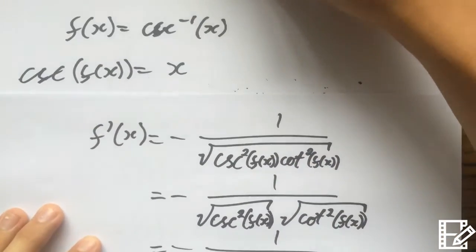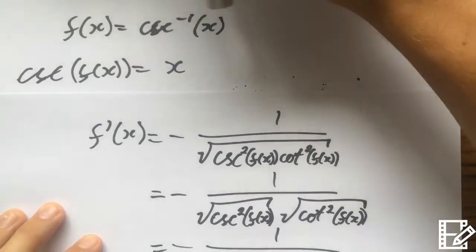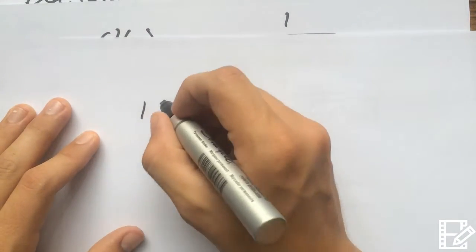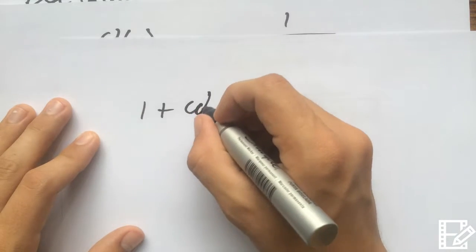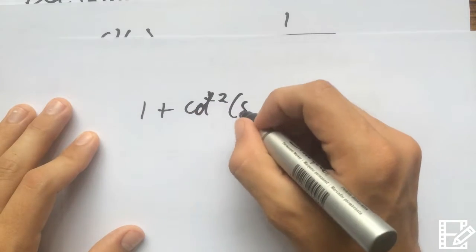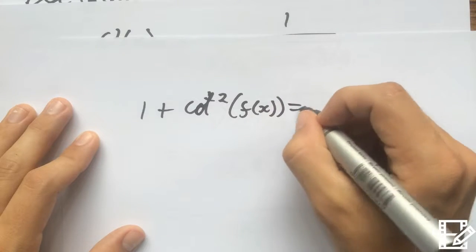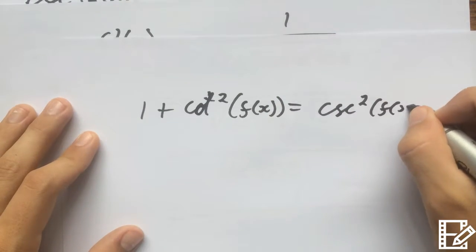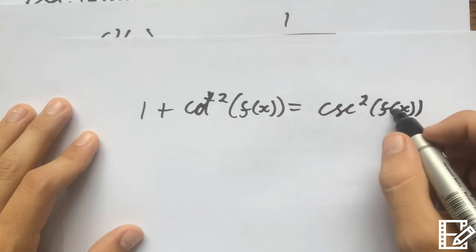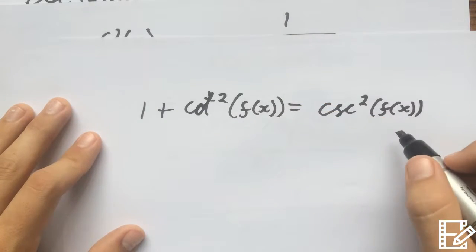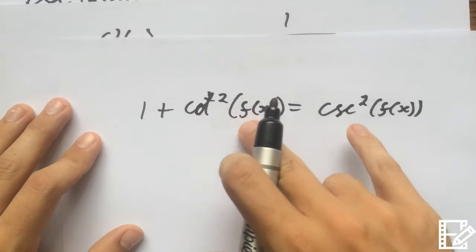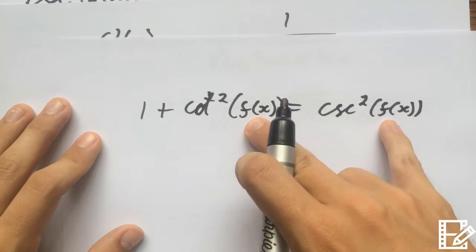Now, there is an indices law that states that 1 plus cotangent squared fx equals cosec squared fx. You will see this law most likely with a theta, but I'm just replacing it with fx, because as long as you have the variables in cot and cosec the same, it doesn't matter.